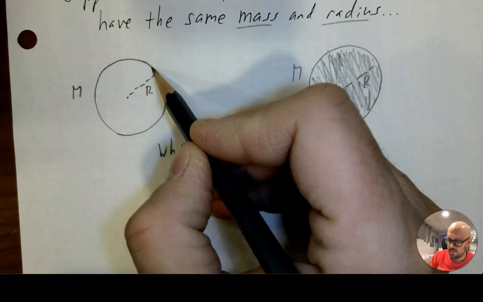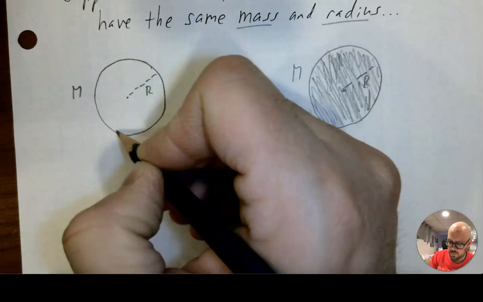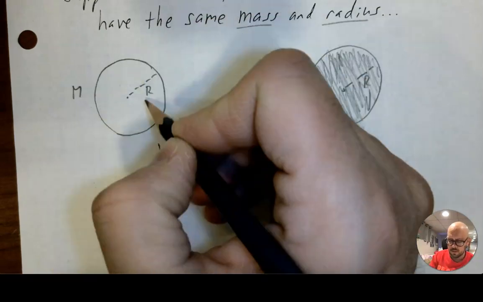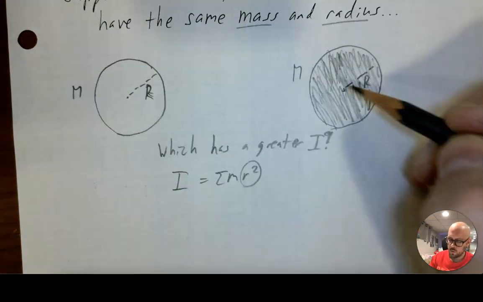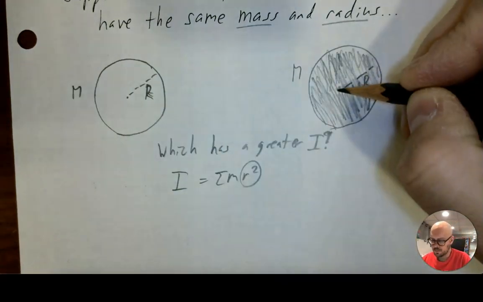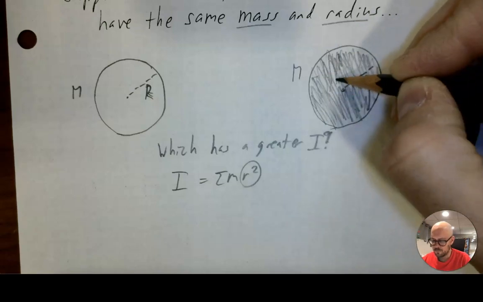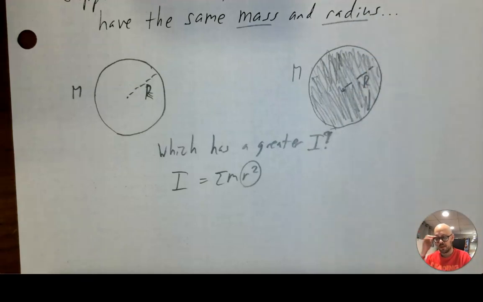And so what that means is for the hoop here, or hollow cylinder, all the mass is distributed around the outside. It's all located essentially at this distance, capital R. Whereas for this disk, the solid cylinder, the mass is distributed everywhere. There's a lot of mass that's really close to the axis, and then there's a lot of mass that's really far from the axis. That's what evenly distributed means.